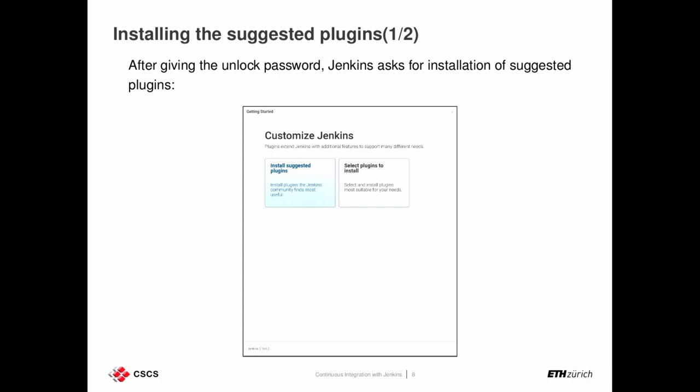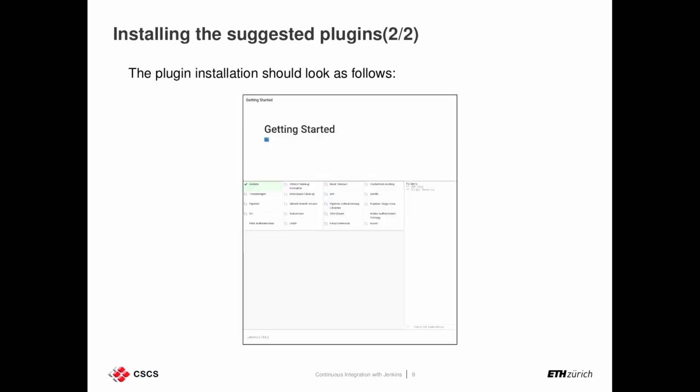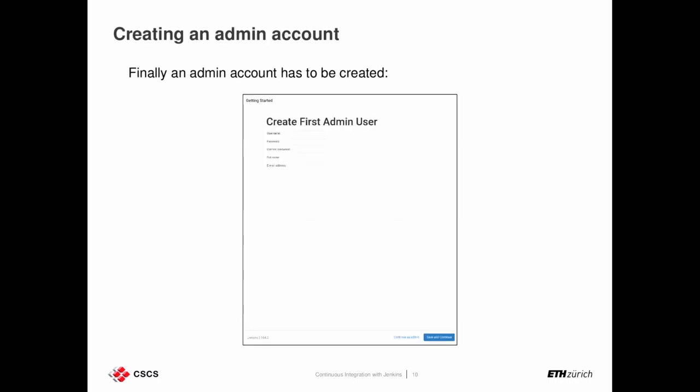Jenkins knows which plugins are more or less the most critical and the most widely used, and installs them for you. This is how the screen looks when you say that you want to install the suggested plugins. And then you have to create the first admin user so that you can manage the Jenkins installation.